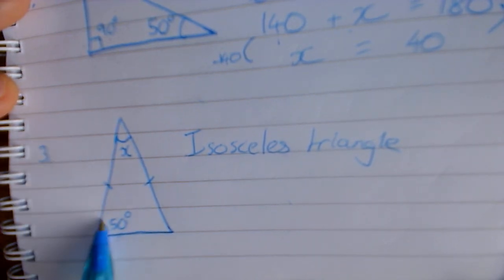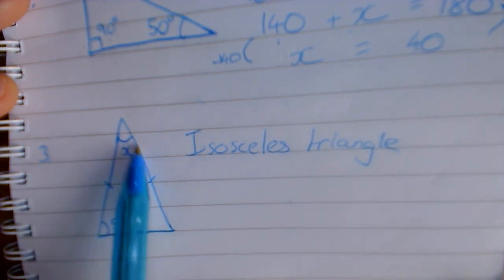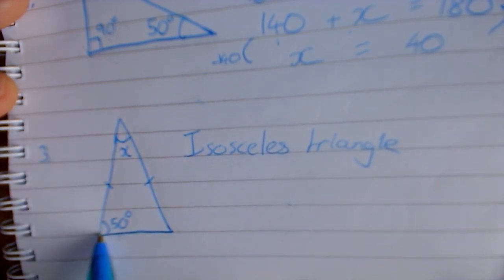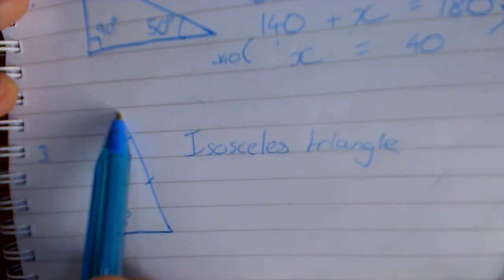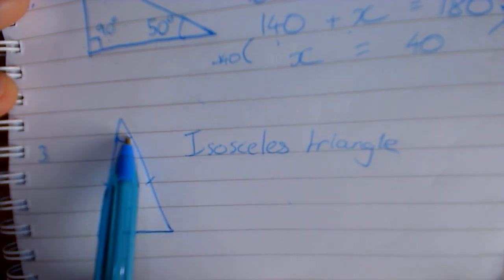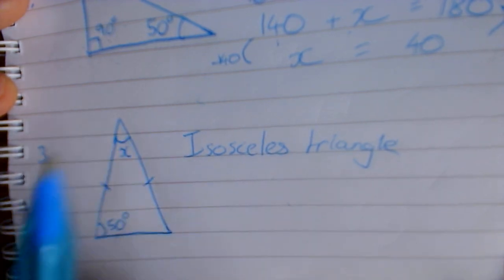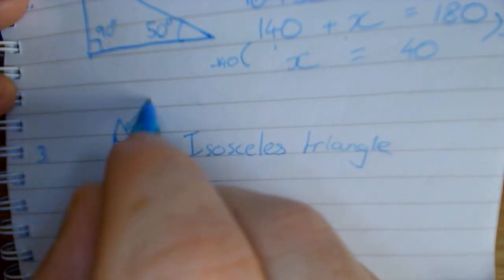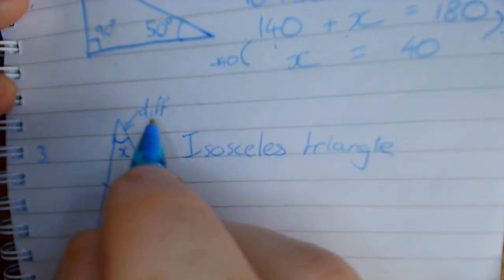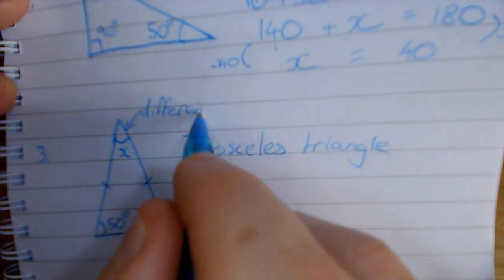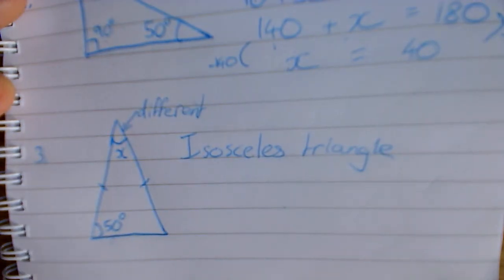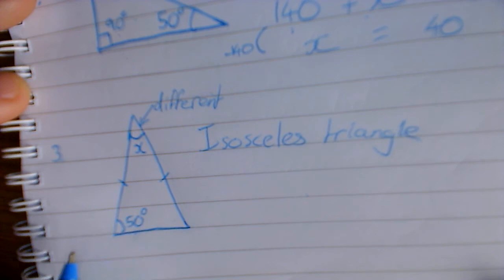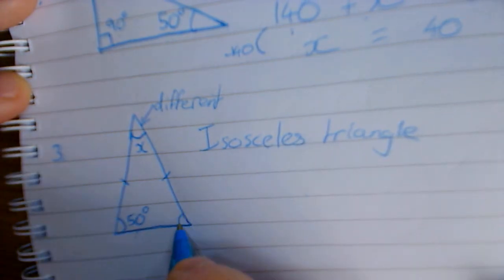And it's the one that is in between the two sides. So if you go down one of the matching sides and down the other one, it's the one that's in between those. In this case, it's this one. That's the different one. So I'm going to label that different. So if that's the different one, that tells us that these two, they're the same. So that one would have to be 50 as well.